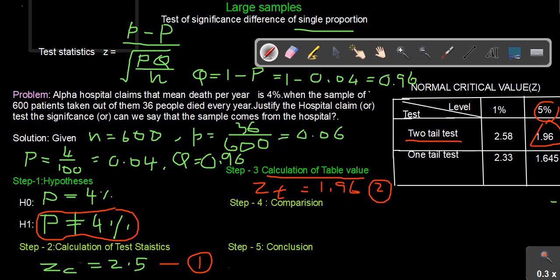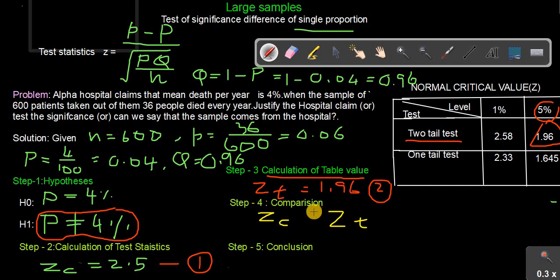That means I am comparing the calculated value and the tabular value of Z, the test statistic. The calculated value of Z is 2.5, whereas the table value is 1.96.